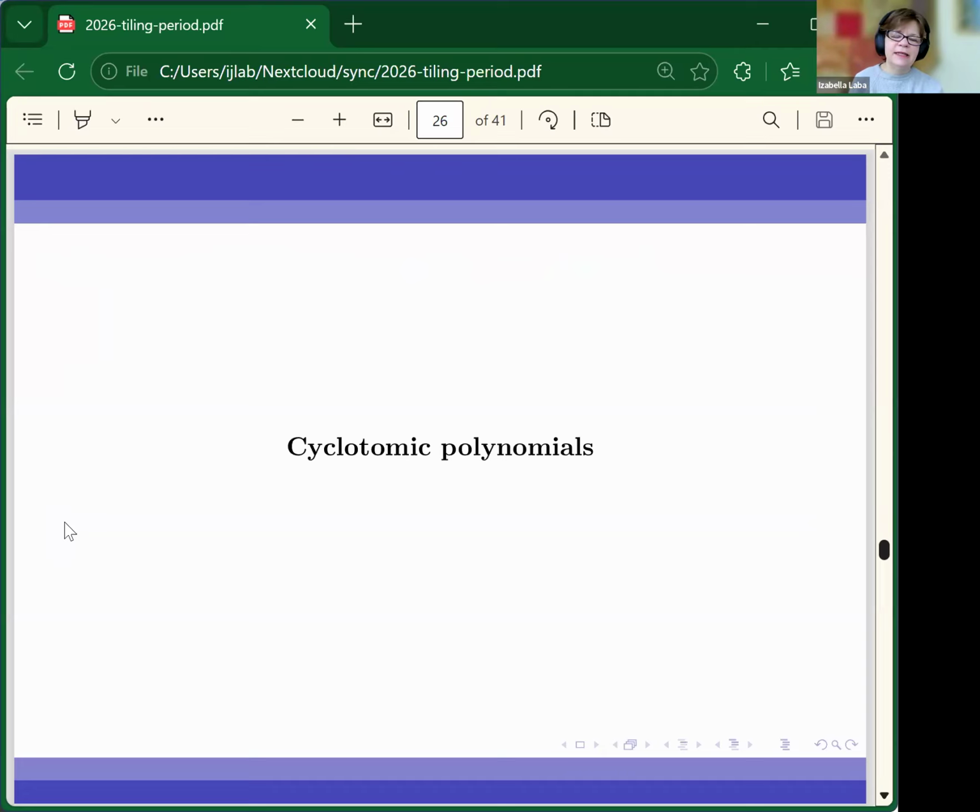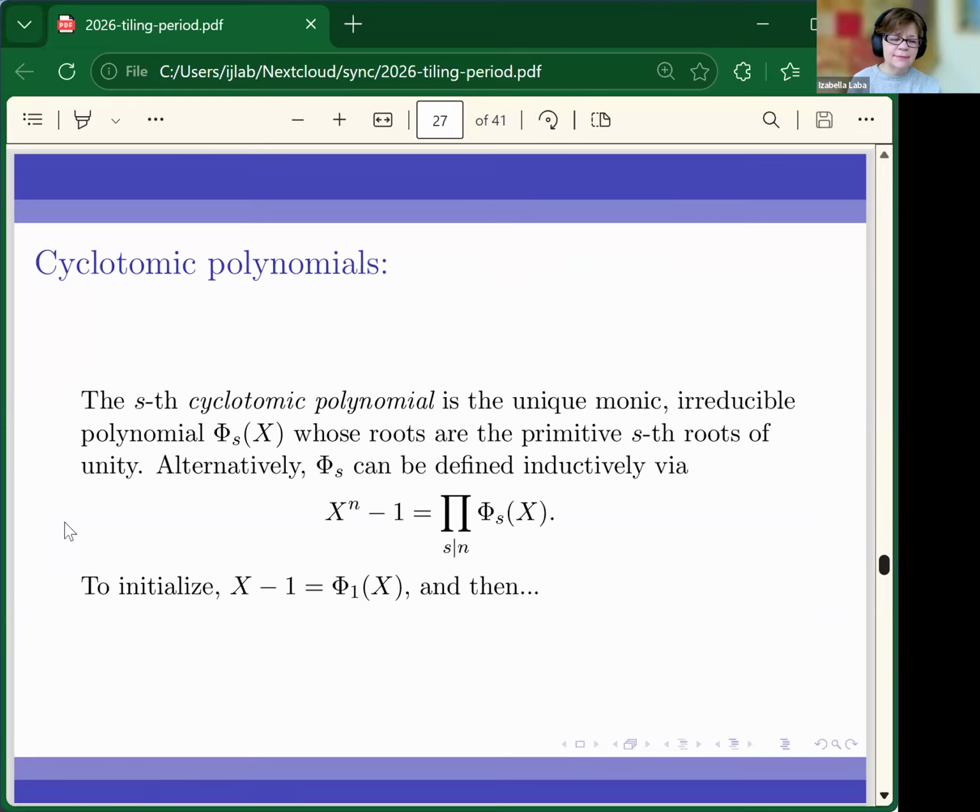To say a little bit about the upper bound, I need to introduce cyclotomic polynomials. The s-th cyclotomic polynomial is the minimal polynomial of the primitive s-th roots of unity.